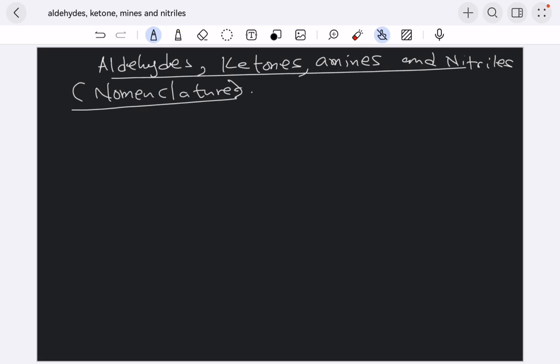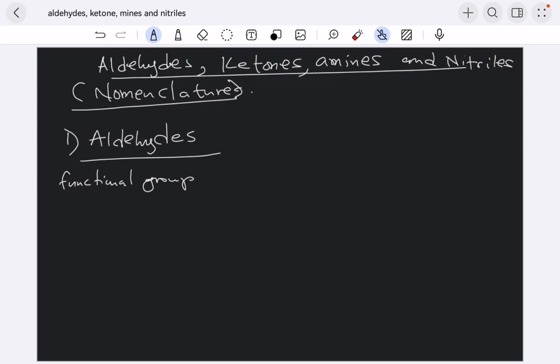Without wasting much of the time, we'll go straight into the first one, which is aldehydes. So aldehydes are represented by a functional group, which is this.